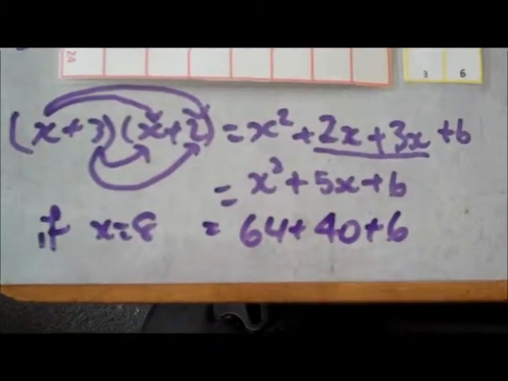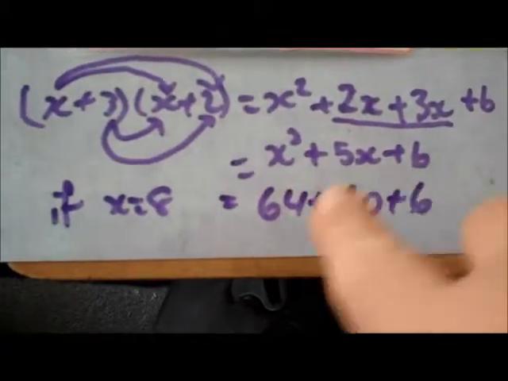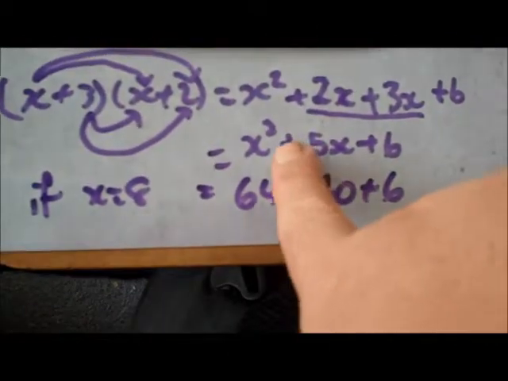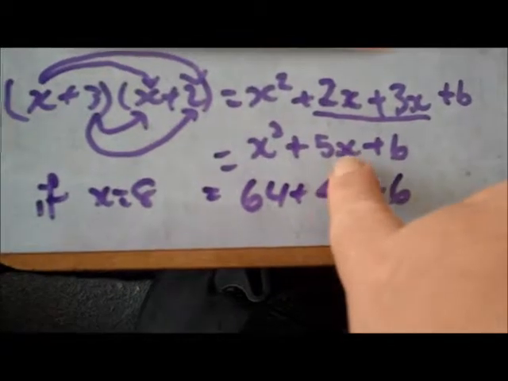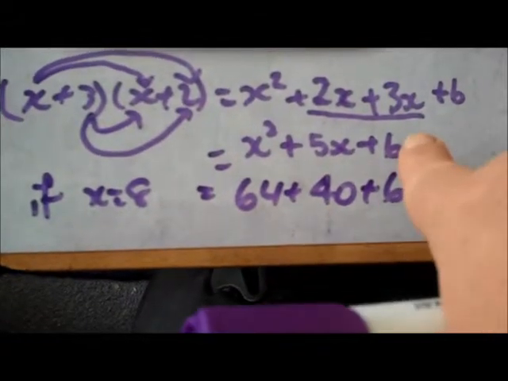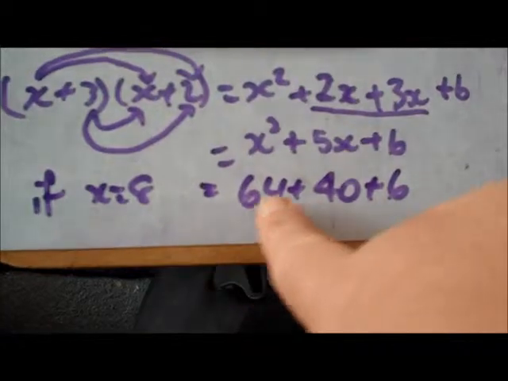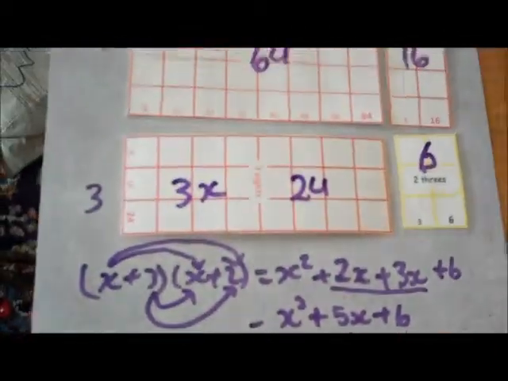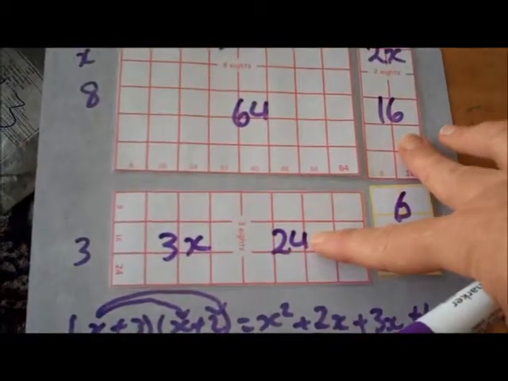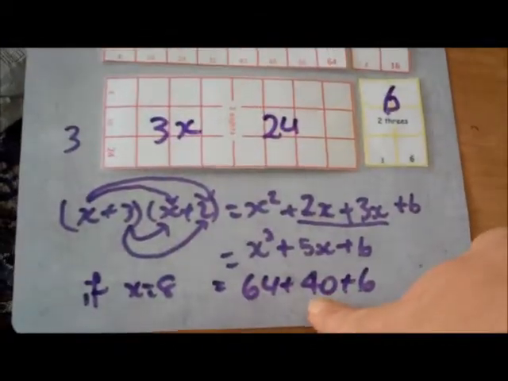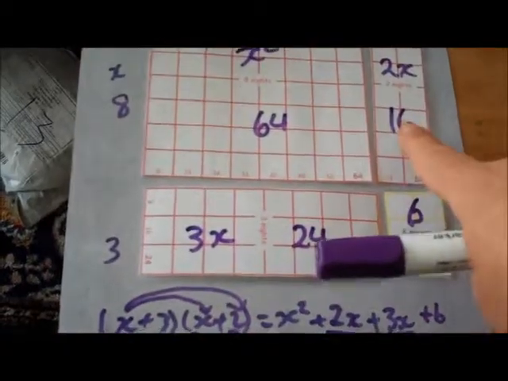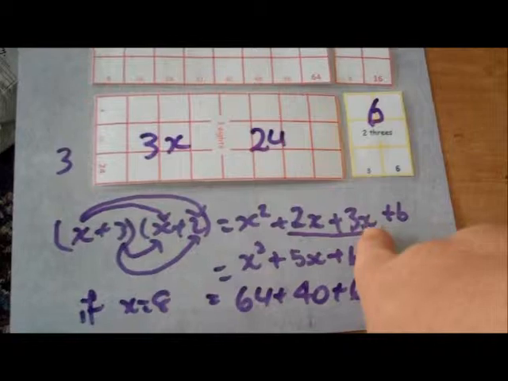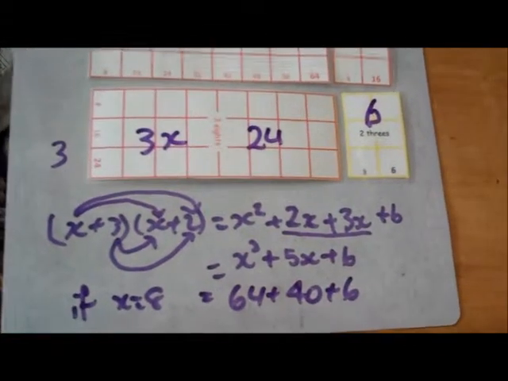So if I look at my simplified expression, x squared plus 5x plus 6, if x equals 8, 8 squared is 64, 5 eights are 40, plus my 6: 64 plus 40 is 104, plus 6 is 110. The 40 comes from the 16 and the 24. Can you see that? So 3x and 2x is 5x, and that's that one right there.